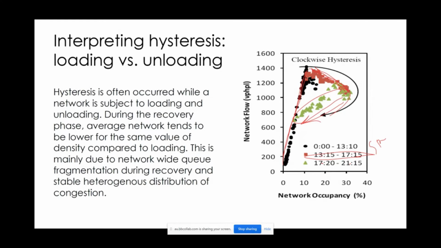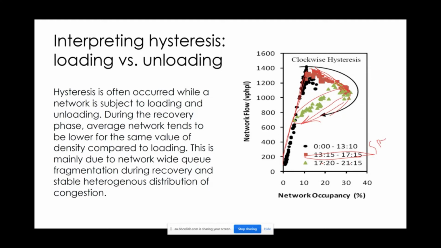So not only can we relate the hysteresis to that inhomogeneous distribution of traffic, but we can also relate it to the loading and unloading of the network. In the PM peak, when the network is loading with a lot of vehicles, things seem to be very homogeneous, at least relatively homogeneous.